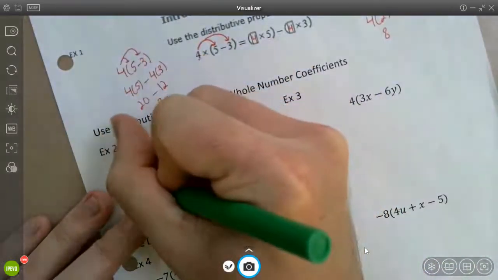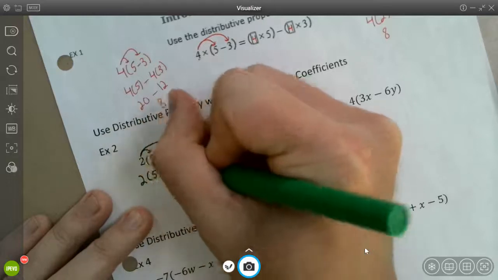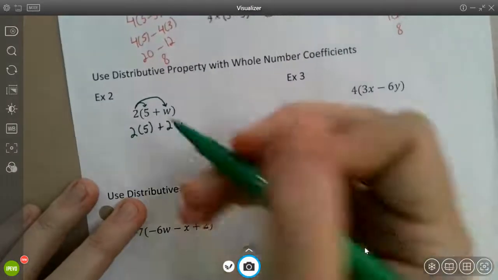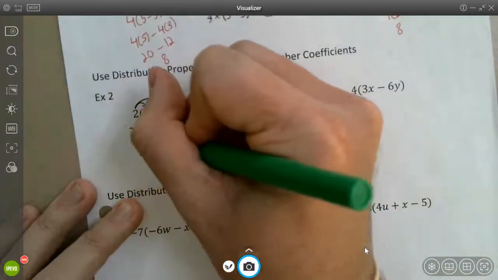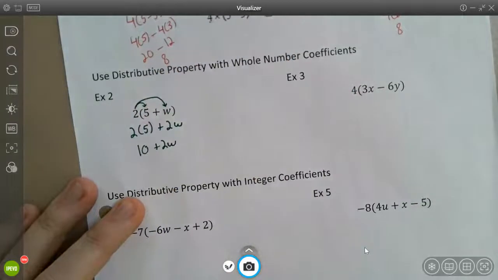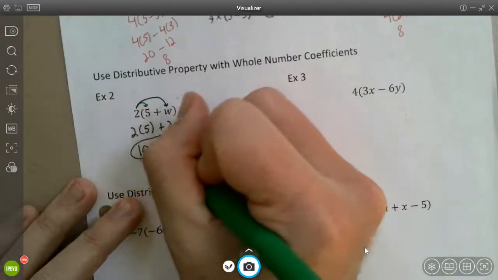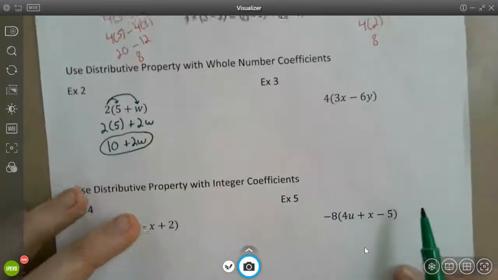We know that 2 times 5, you can solve that, plus 2 times w. So 2 times 5 is 10 plus 2w. And that is what we call simplest form. We circle it because there's no like terms here. We can't add those together, and that one's done.